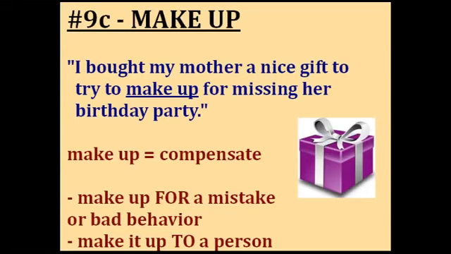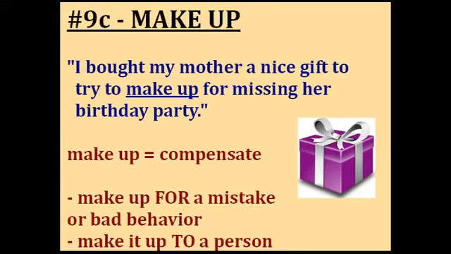And there are two ways to use make up in this way. You can say make up for a mistake or make up for bad behavior, or you can say make it up to a person. So one sentence you'll hear, if your friend does something that makes you angry or upset, they might say, how can I make it up to you? It means, how can I compensate for my error?